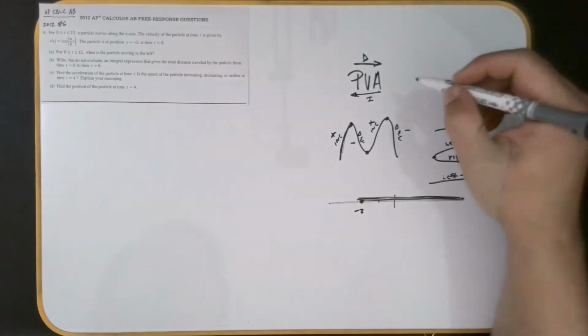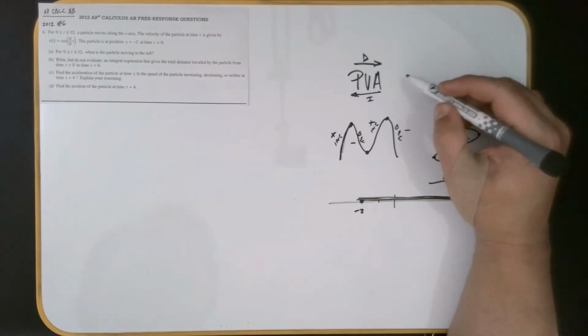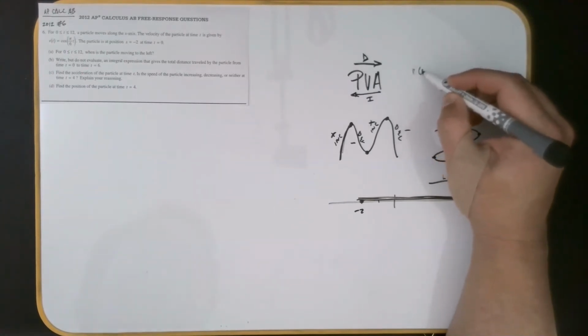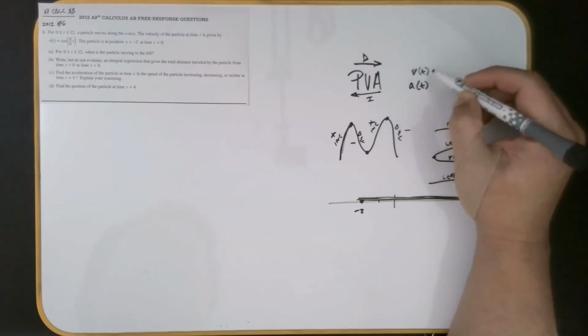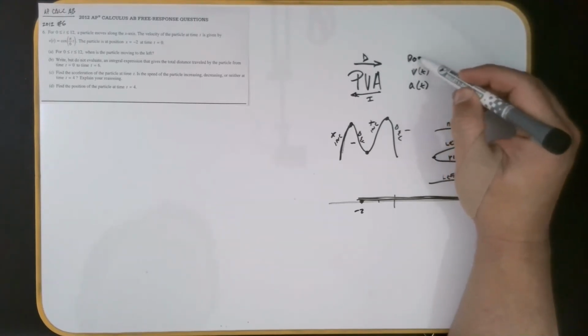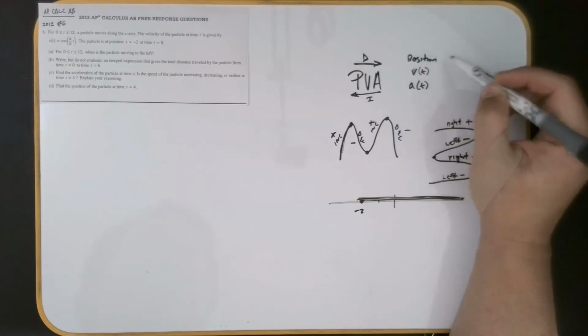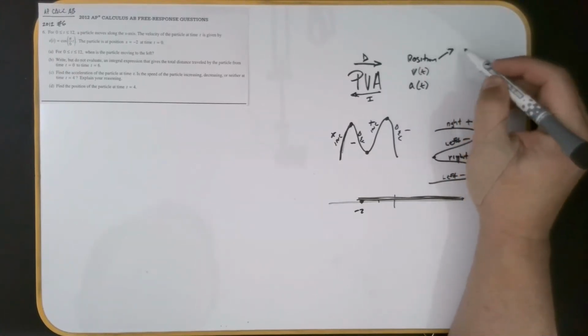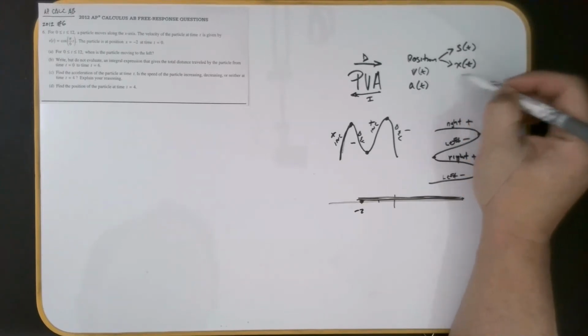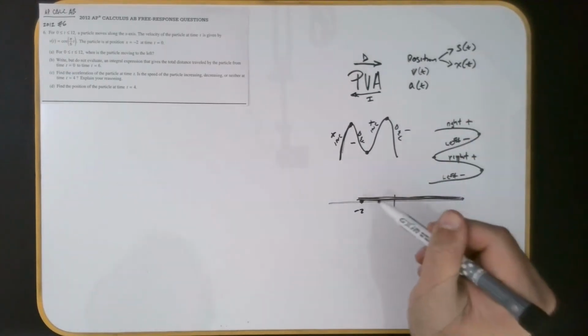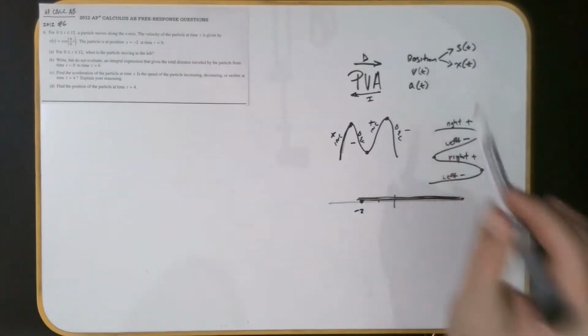Now the other issue you always want to keep in mind with position functions is, although velocity is always going to be expressed as v of t, and acceleration will always be a of t, position functions are usually going to be s of t, but sometimes they're also x of t. And it's x of t if we have sideways motion. So for this particular problem, they are going to be using x of t.